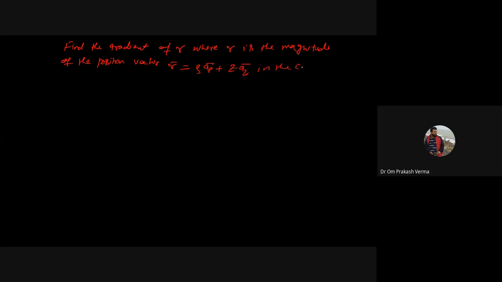Find the gradient of small r, where r is the magnitude of the position vector r vector equals rho a_rho vector plus z a_z vector in the cylindrical coordinate system.